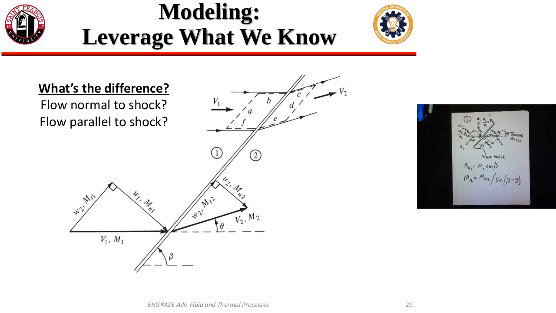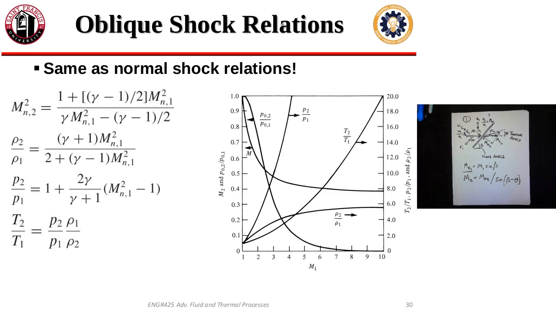So if we get MN1, if I pop back over to my slides for a second here, we have all of these relationships from normal shocks that we can use. And if you look at these oblique shock relations, at least I'm calling them oblique shock relations, you'll note that they're all pretty much exactly the same as the normal shock relations.